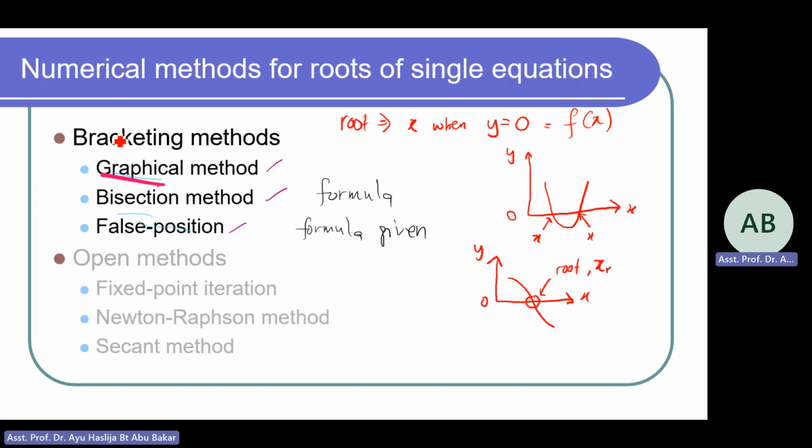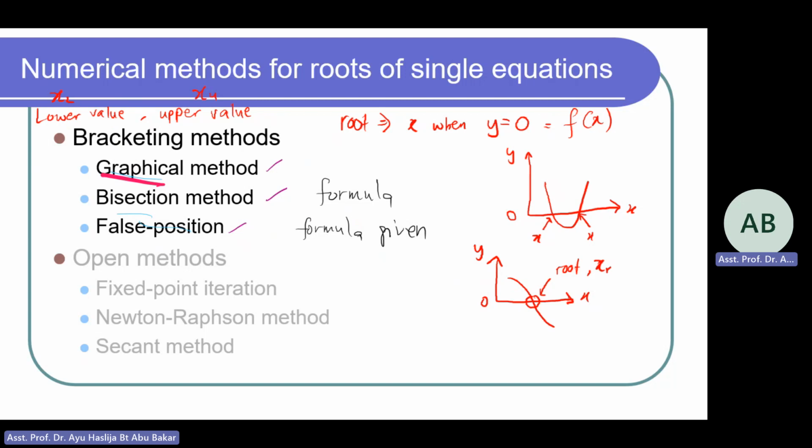What does it mean by bracketing? It means you will be given a lower value and an upper value. The lower value usually will be denoted by XL, the upper value XU. You have a bracket, so you have something inside.